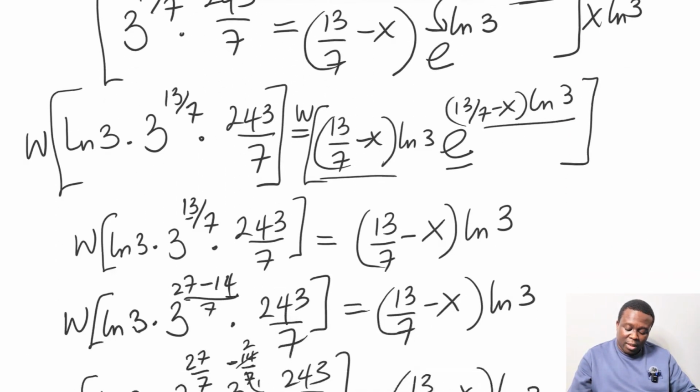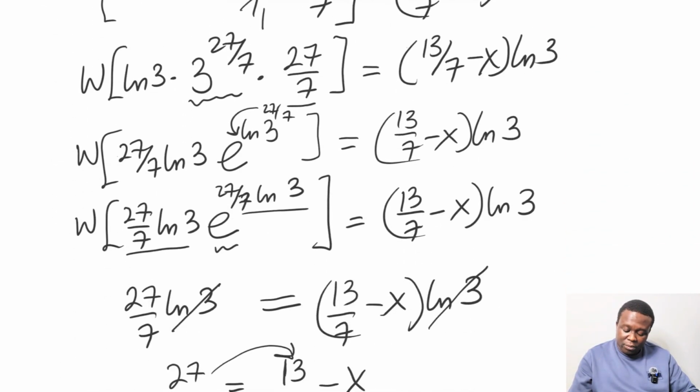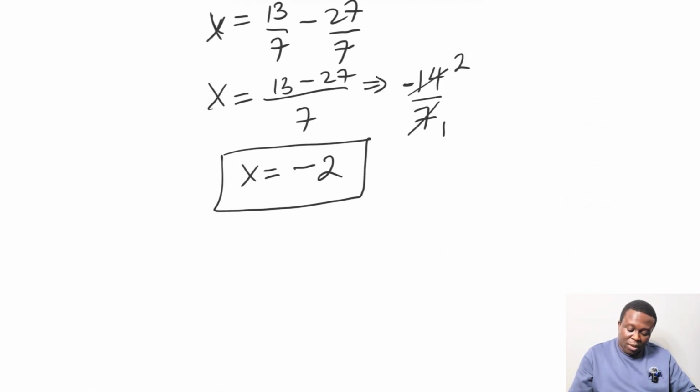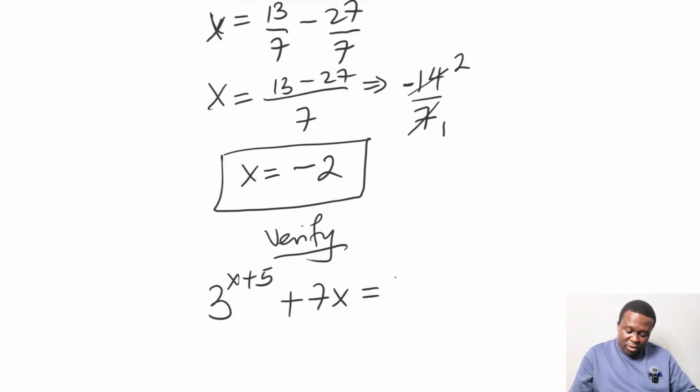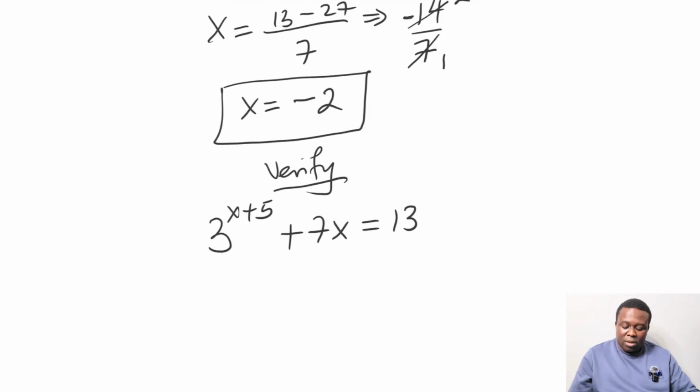Okay, now we need to verify this. 3 raised to the power x plus 5, plus 7x equals 13. So now let's introduce our x value, which is minus 2. We'll plug in minus 2 everywhere we see x.